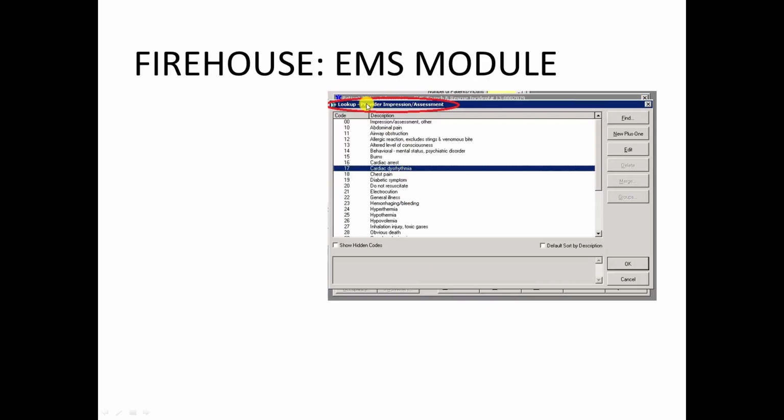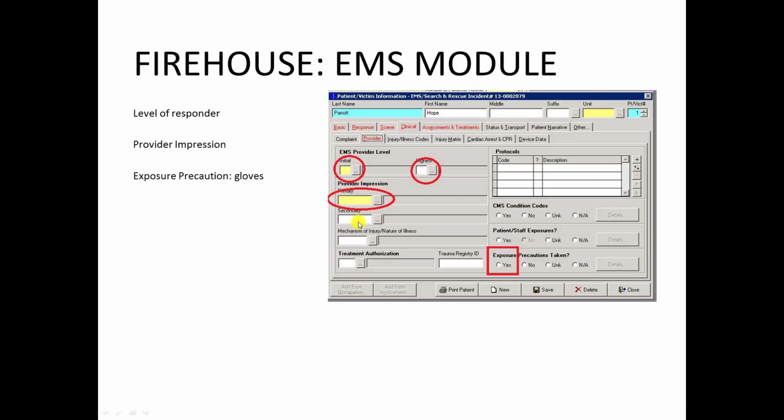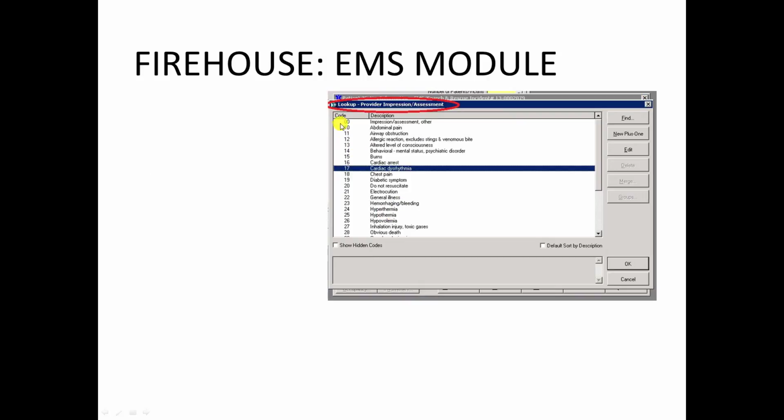Next, we're going to go to provider impression assessment. So we're going to go to provider impression, our primary impression. We'll click this box here, and that'll take us to the lookup table. We're going to scroll down through here until we find what's appropriate.